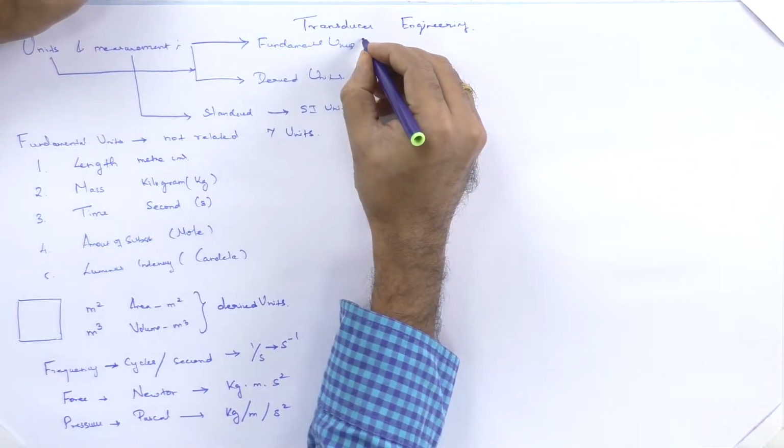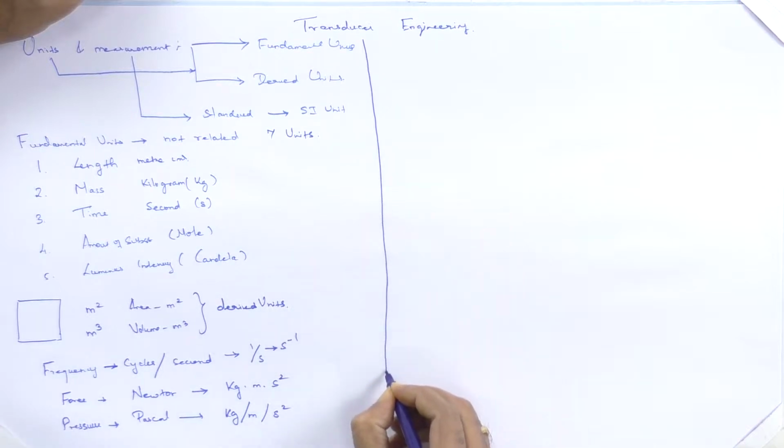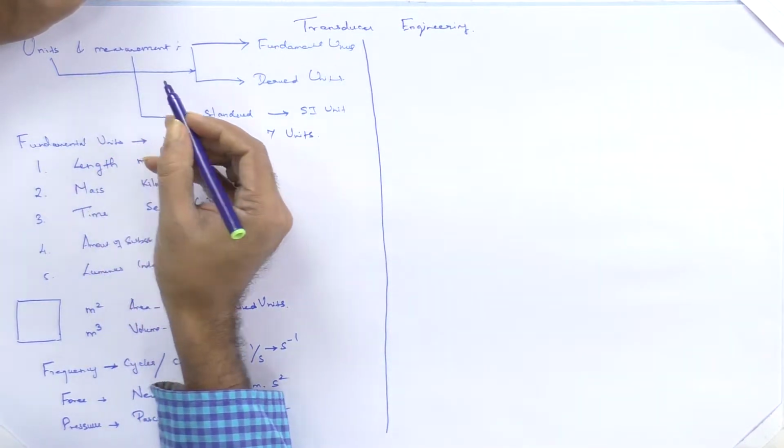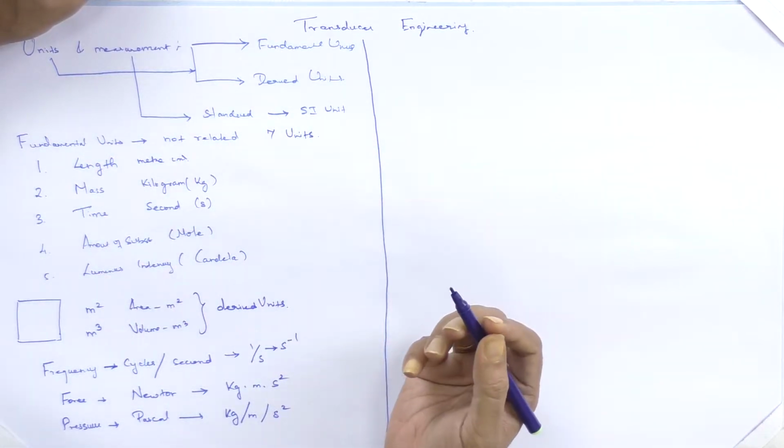Without the knowledge of these units and standards, we will not be able to move forward to any further understanding. Now we have very well understood the concepts of units and measurements with the standards. That is, the standard we are taking is the SI units. The SI units are followed all over the world except in a few countries in day-to-day life, like the USA, which does not follow it.